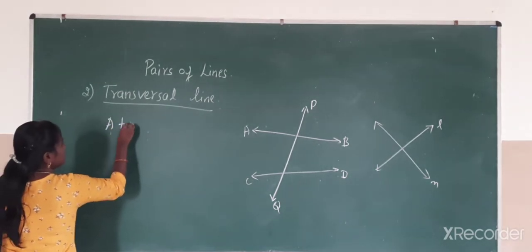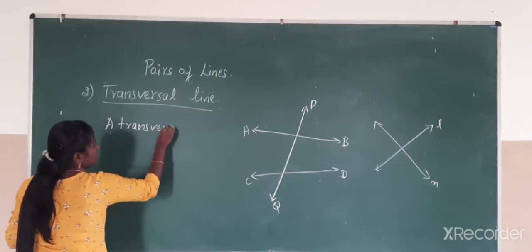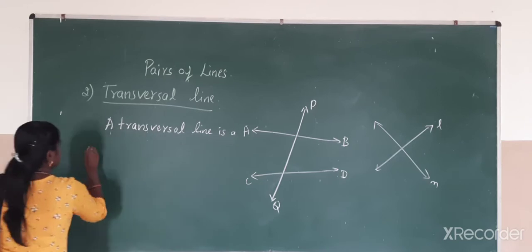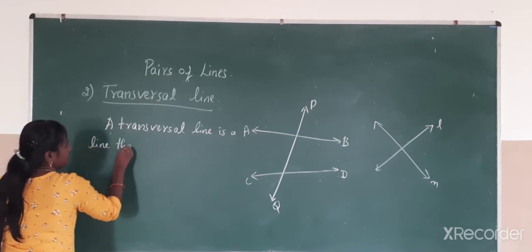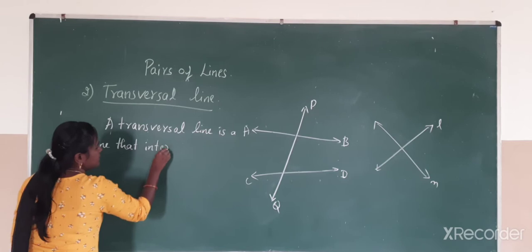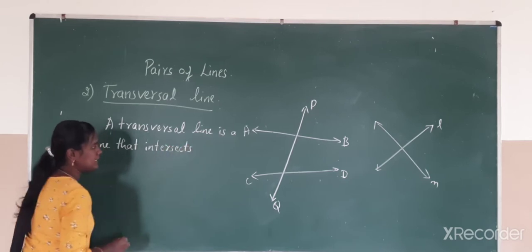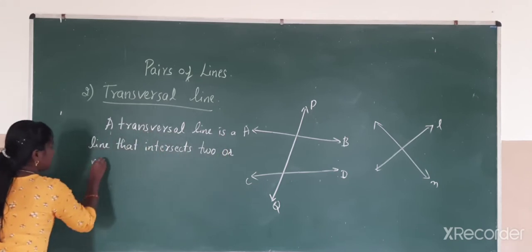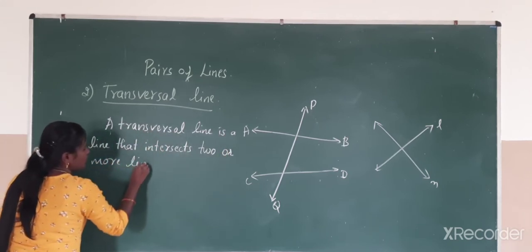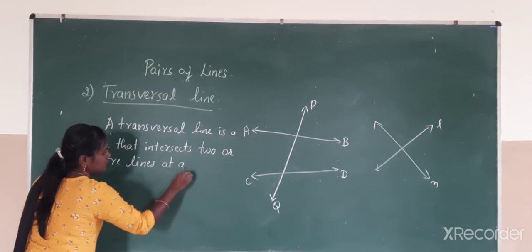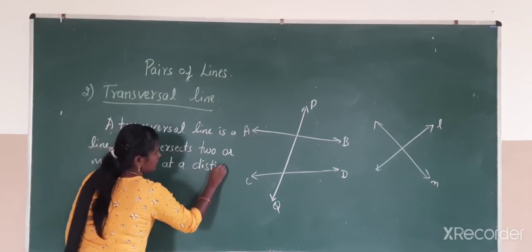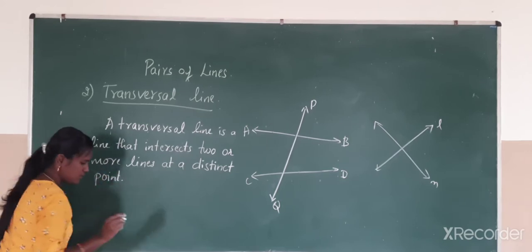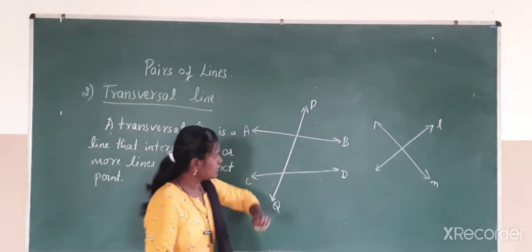A transversal line is a line that intersects two or more lines at a distinct point.